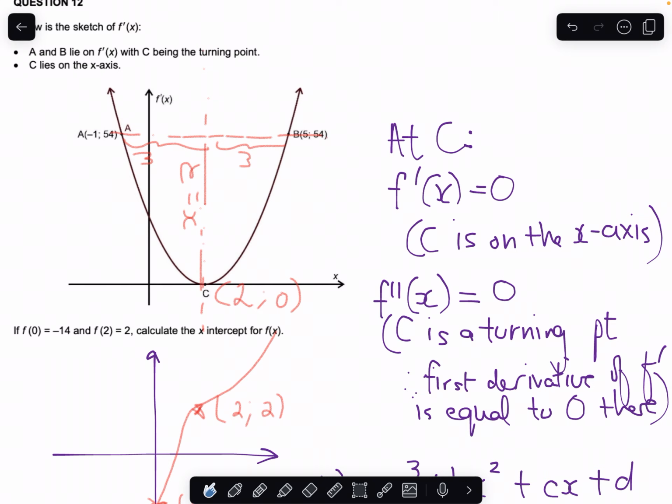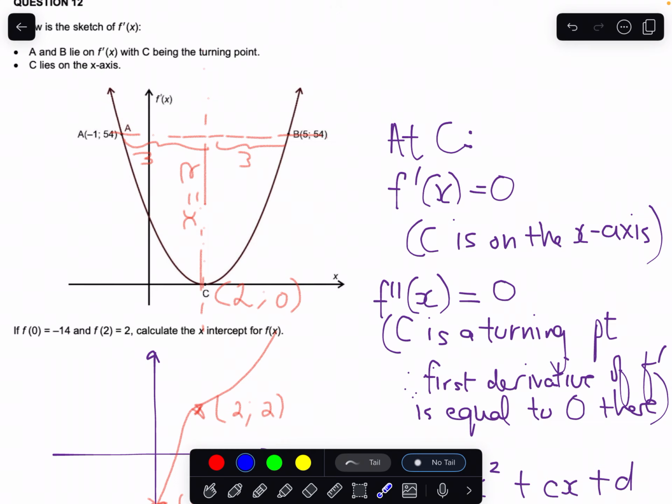Okay, the second one seems like I might have a chance of understanding. So the second one starts by saying f prime x, so this curve, its equation is a times x minus 2 squared. That's because the turning point has shifted relative to our original parabola, y is equal to ax squared. The turning point would have been here, but now it's occurring here at 2, 0.